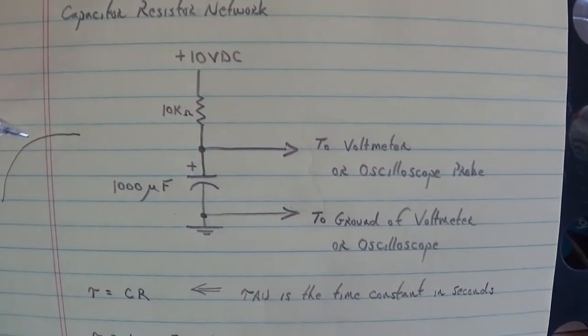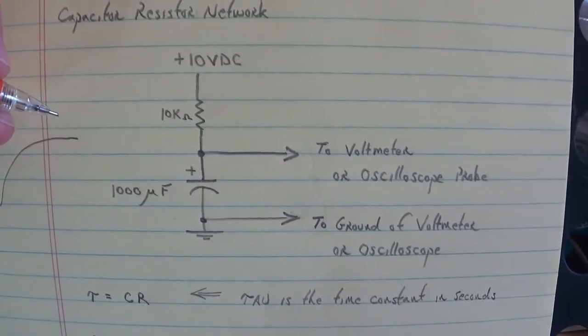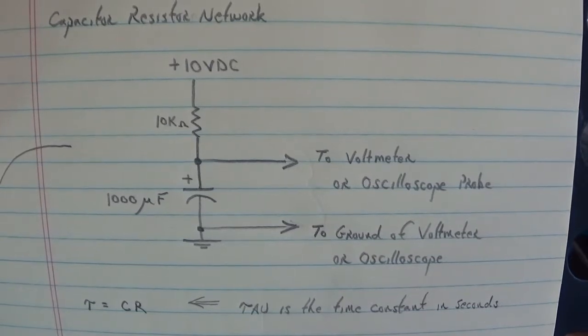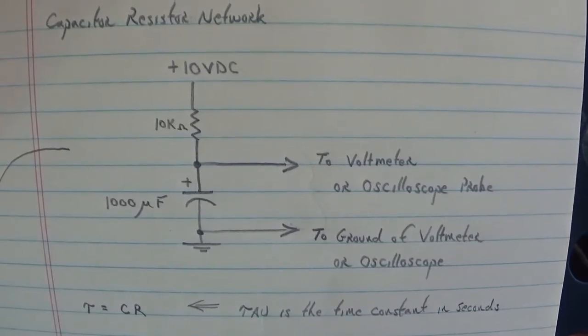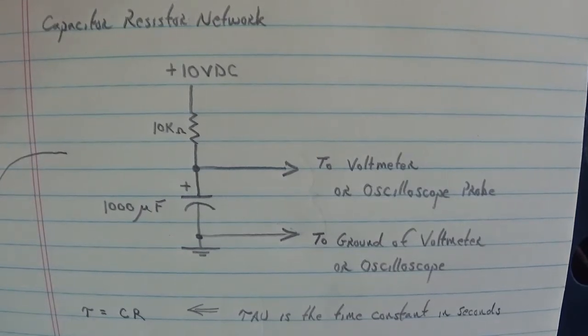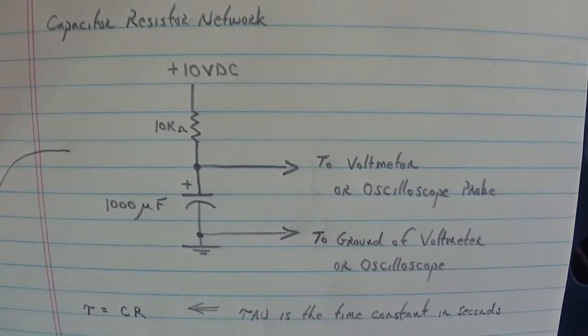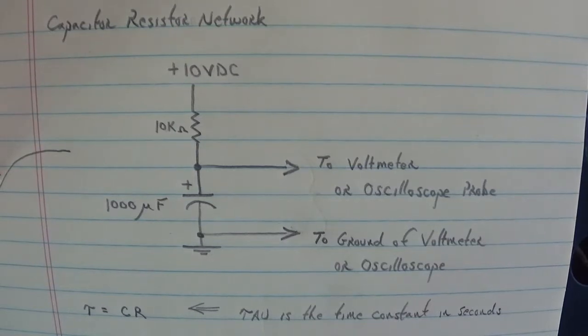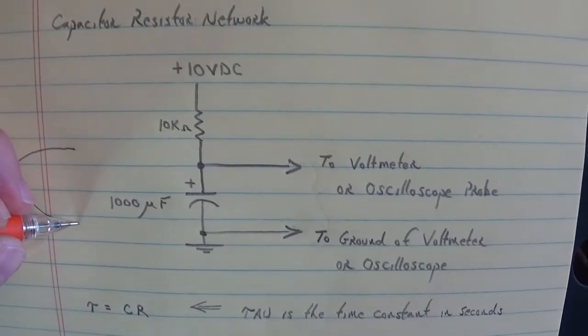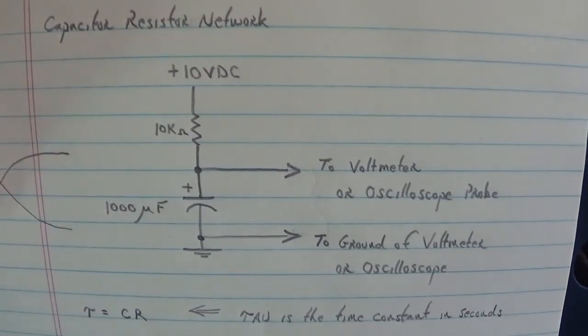Now if it charges up exponentially, what do you think when we discharge it? It'll discharge exponentially also. That is amazing how that works out. It'll be something like this. We'll be at 10 volts up here, and we'll discharge in an exponential fashion down to 0 volts.